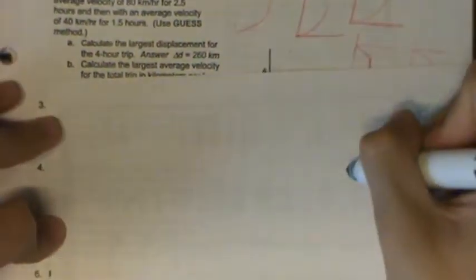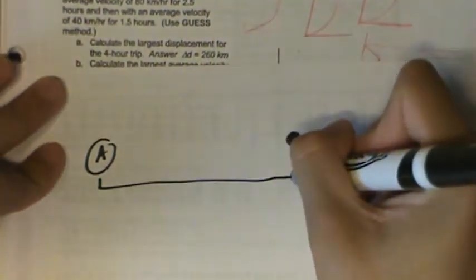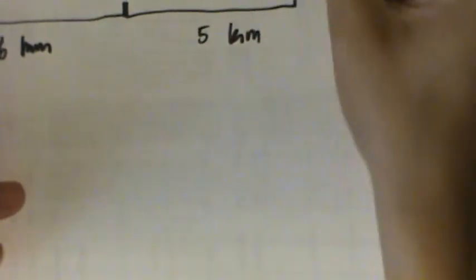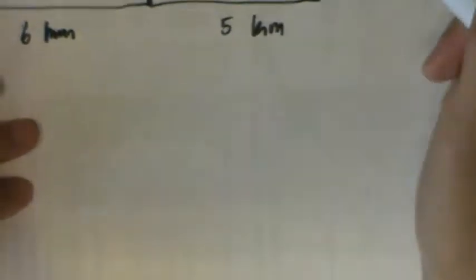Question 6. Now, question 6 is a little tricky, so I'm going to draw a diagram. Basically, what the question is saying is that there's a flagpole, which is your reference point, and you have a runner A who is 6 kilometers west of the flagpole, and another runner, runner B, who is 5 kilometers east of the flagpole.